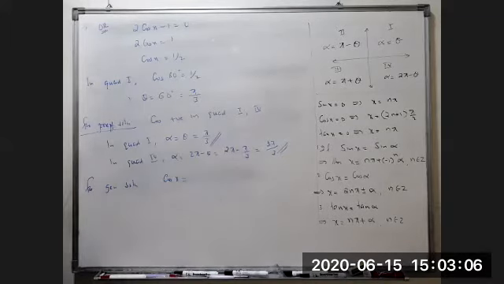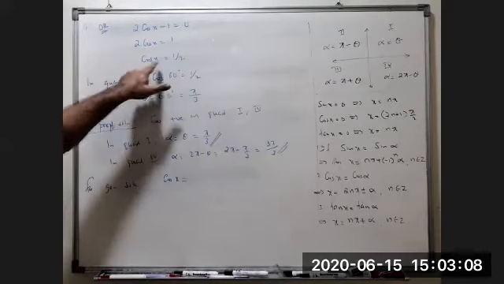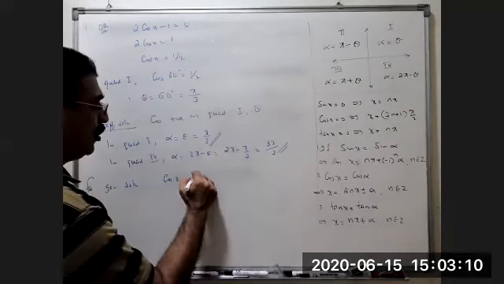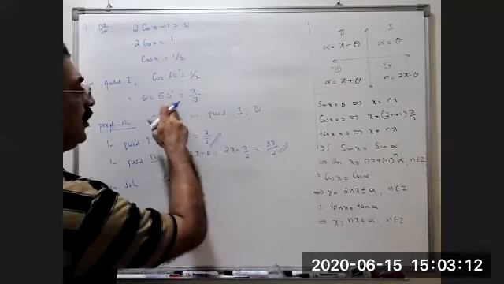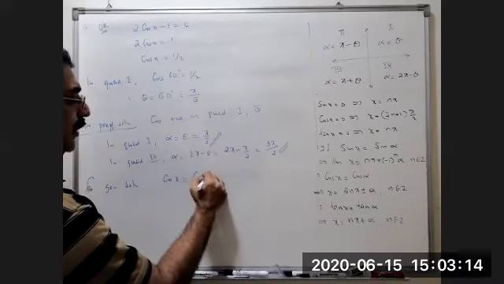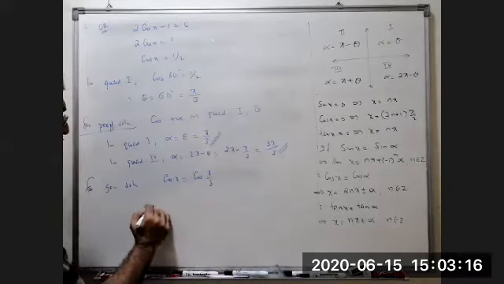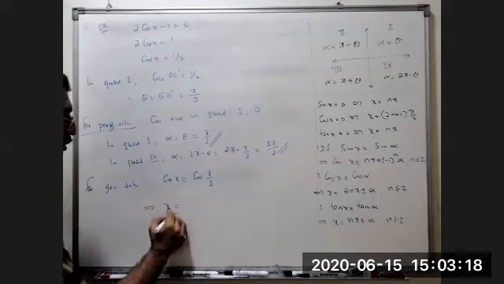Cos x is equal to 1 by 2. So cos x is cos alpha, what is alpha here? The first one, pi by 3.